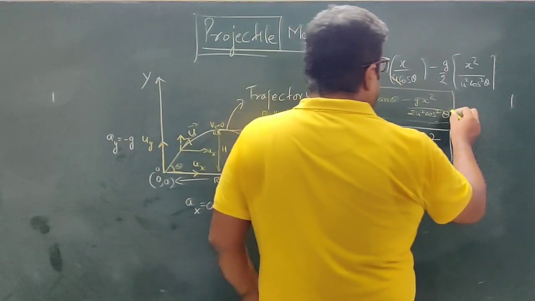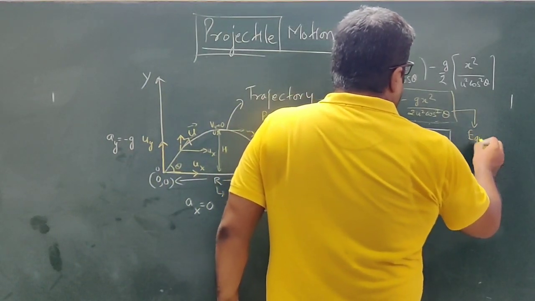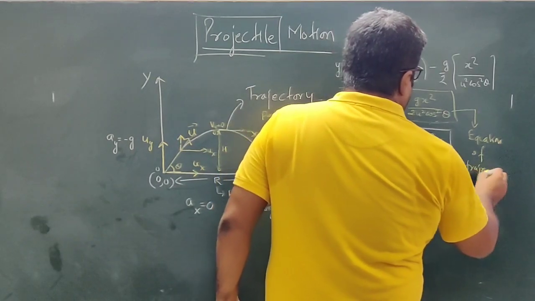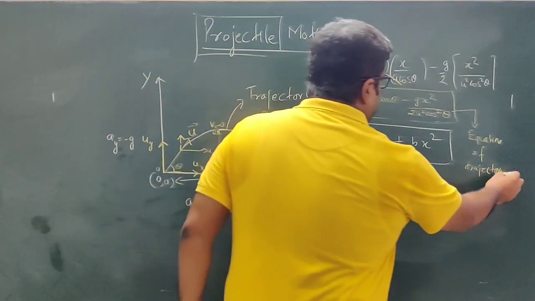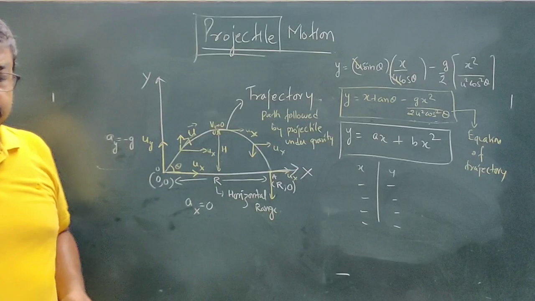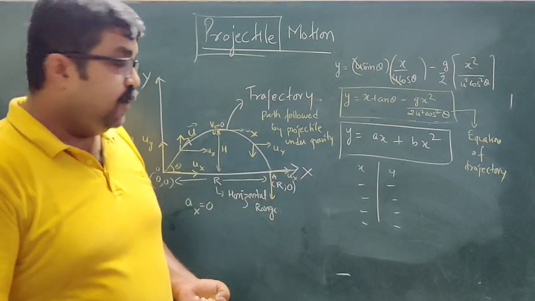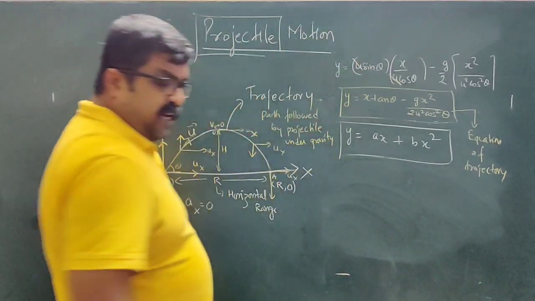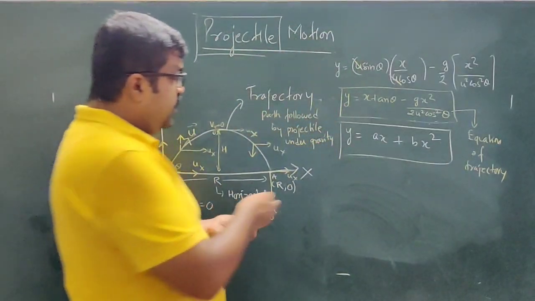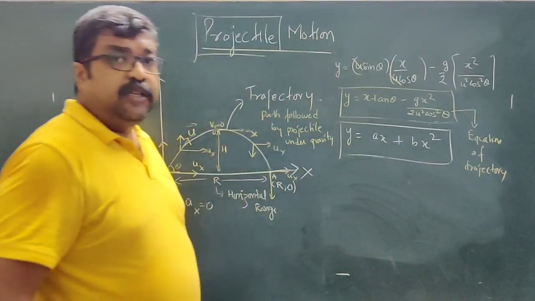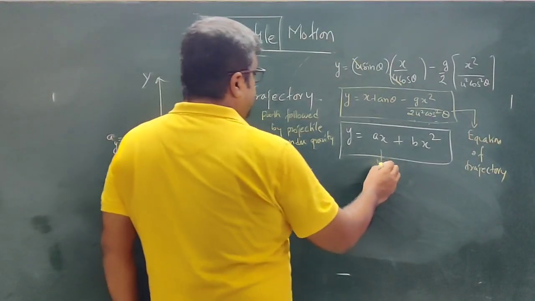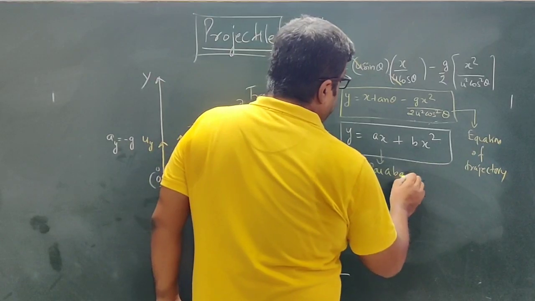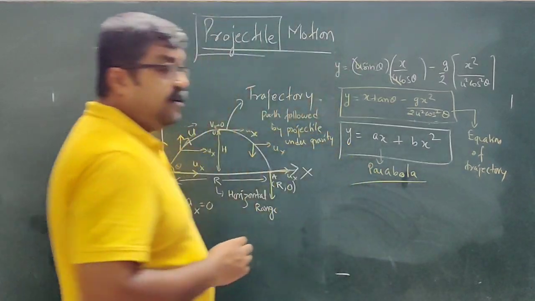So this is the equation of trajectory. This is the first point of observation. The second point of observation is this equation. This is the standard equation for a parabola.